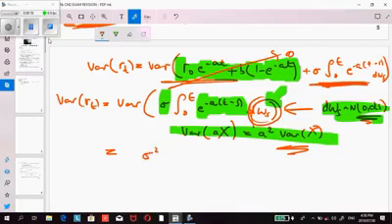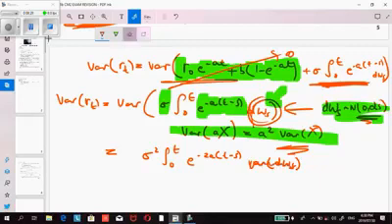I'm going to have sigma squared, the integral from 0 to t of e to the minus 2a into t minus s times the variance of dWs. Obviously, you know that the variance of dWs is ds, so I'm going to remove this and put ds instead. Now you have an integral expression you have to evaluate.